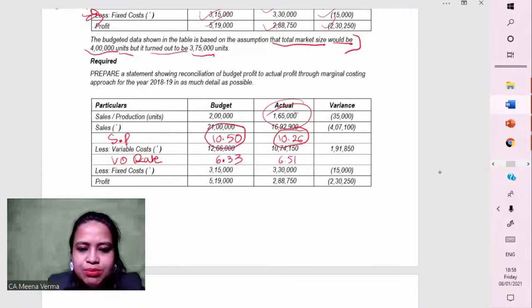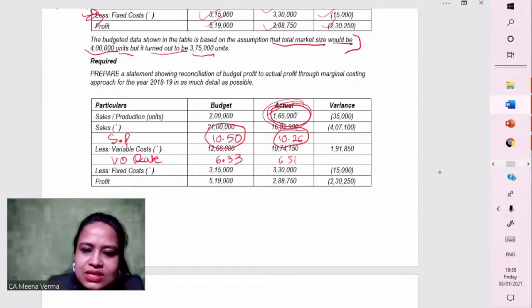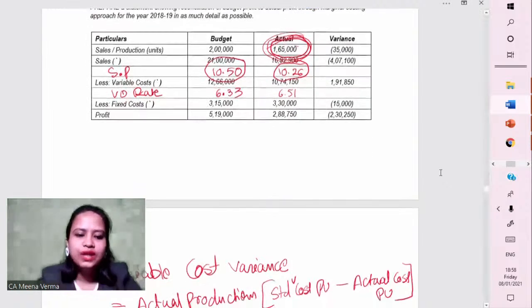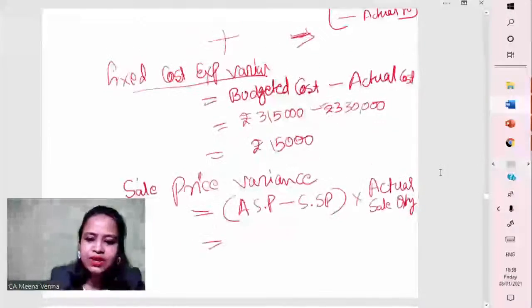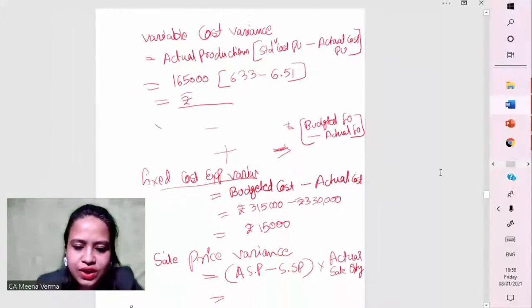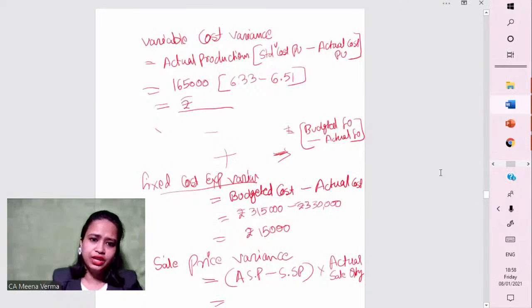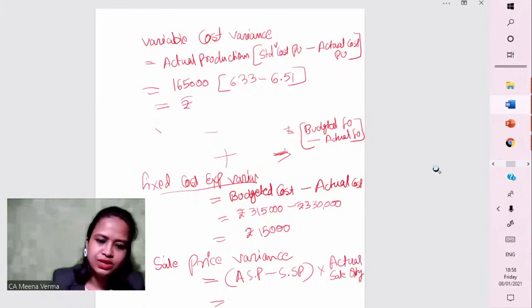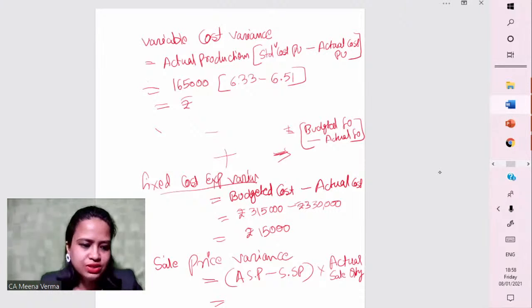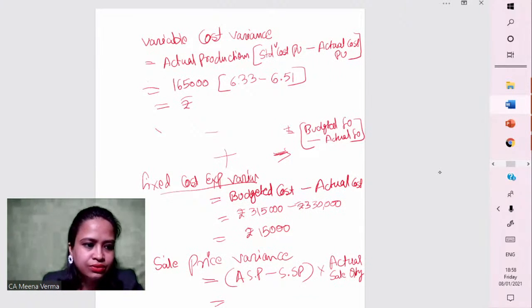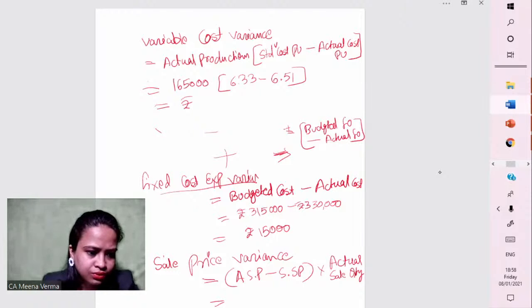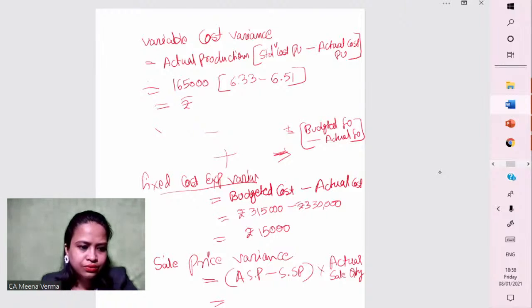This is the standard selling price per unit. What is the actual unit which you are selling? This is the actual unit which you are selling. So this way it is very easy to calculate the sale price variance also. Give me these three values: the variable cost variance, the price variance, and the fixed cost expenditure variance. Quickly, I'm waiting for you to give me the answers.